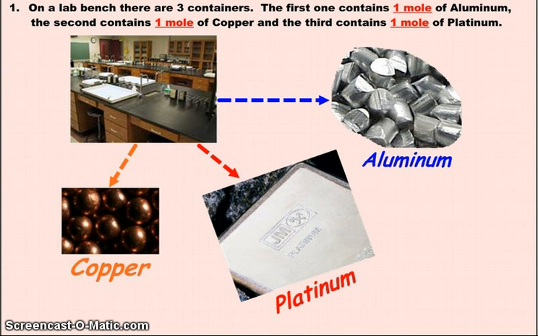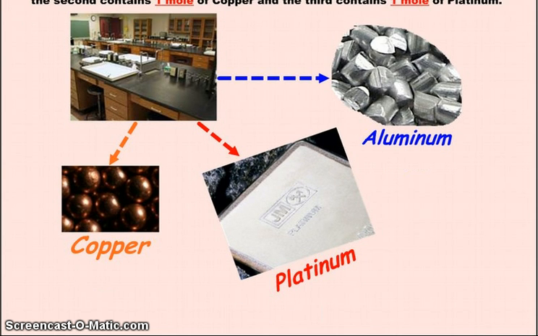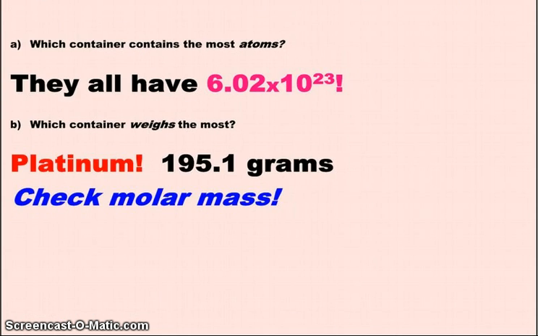So when we're looking at this worksheet then, on a lab bench there are 3 containers. The first one has 1 mole of aluminum, the second one has 1 mole of copper, and the third contains 1 mole of platinum. Which container contains the most atoms? They all have the same amount of atoms. They all have 6.02 times 10 to the 23rd atoms in them.